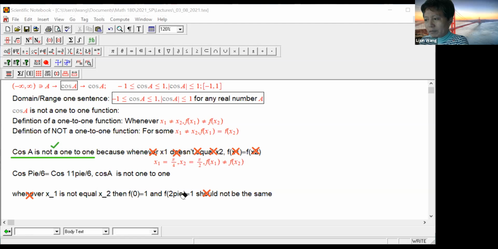And you also tell me f of 2 pi also equals 1, which is true. And then you also tell me, and there's a consequential word here, then, right? Then you change should to are. Do you mean the output not the same or the input not the same?